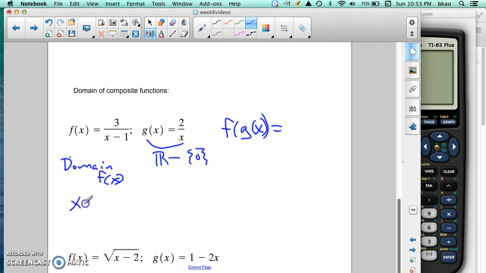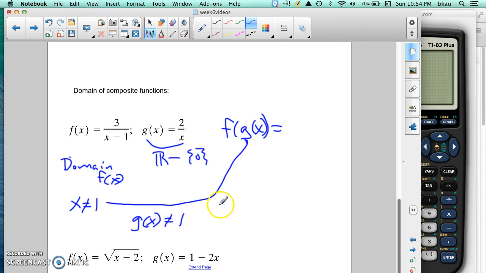So x cannot equal -1 on this. What we're saying here is that, since we're plugging g of x in, g of x cannot equal -1. That would be also, or I'm sorry, +1. It's 1 minus 1 is 0.